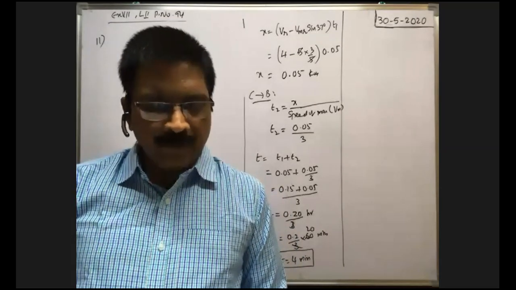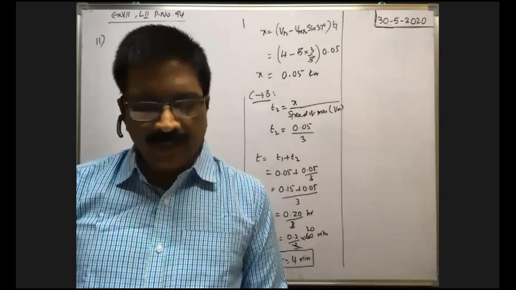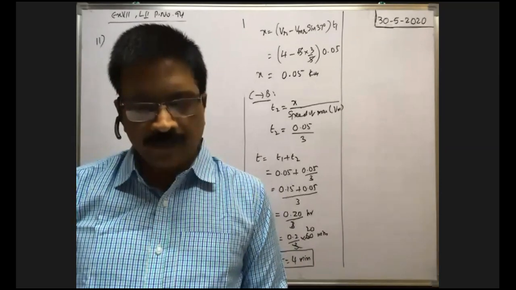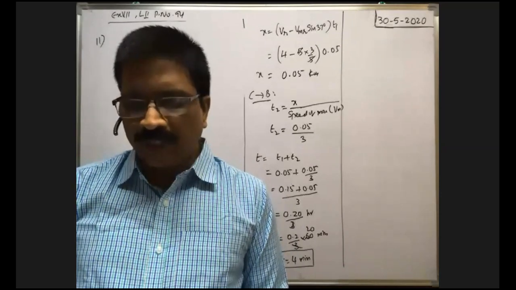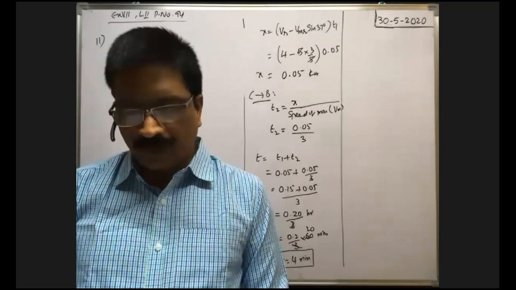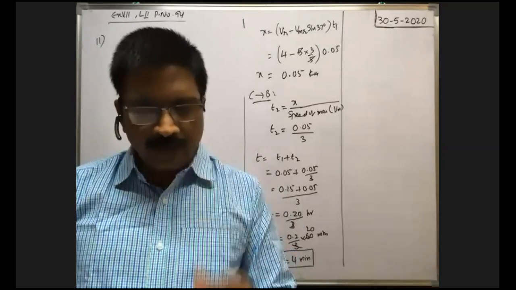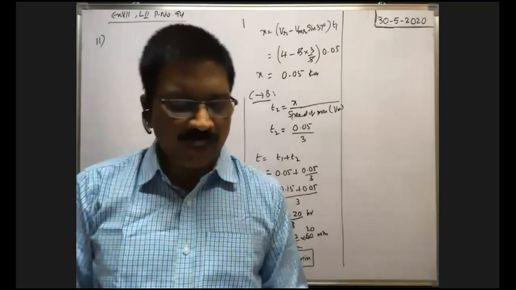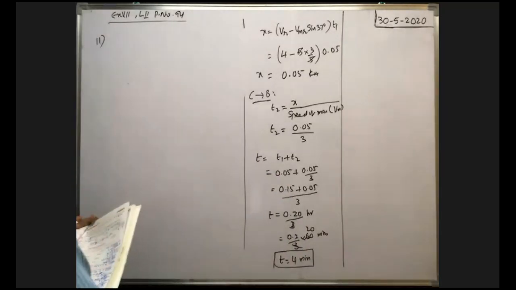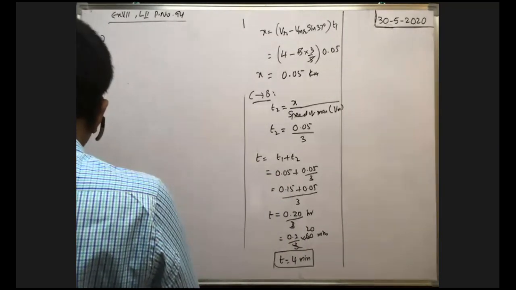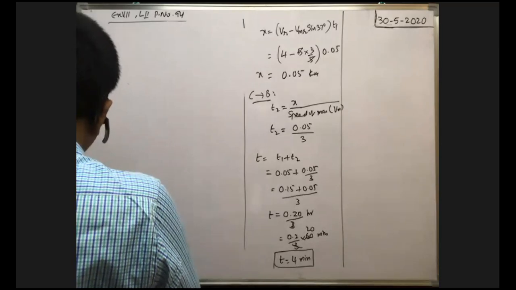To a man running upwards on a hill, the rain appears to fall vertically downwards with a speed. Based on this concept, you can do the 12th problem. So 11th problem. To a man running upward on a hill, the rain appears to fall vertically downwards with a speed 4 meter per second.